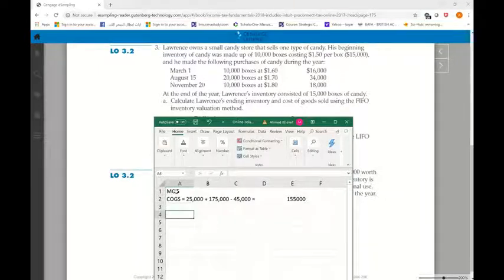So moving now to problem 3. For problem 3, we need the information first about the number of units, then the cost per unit, and then the total cost.